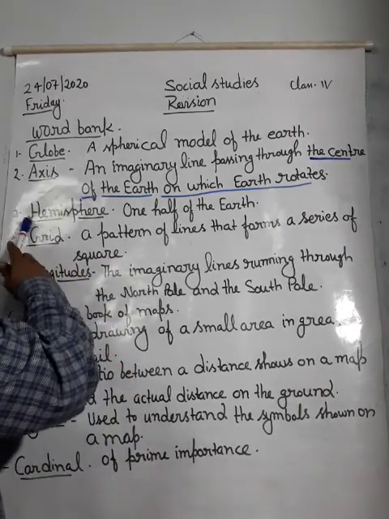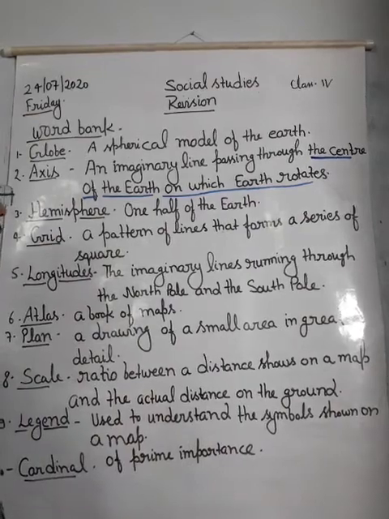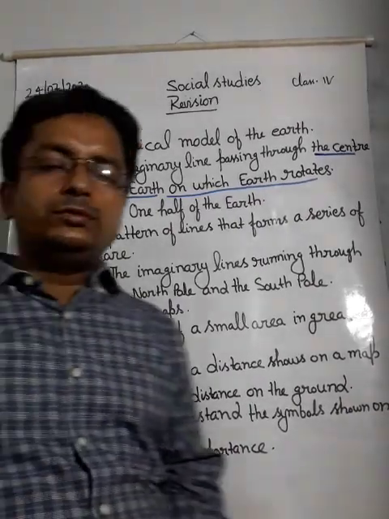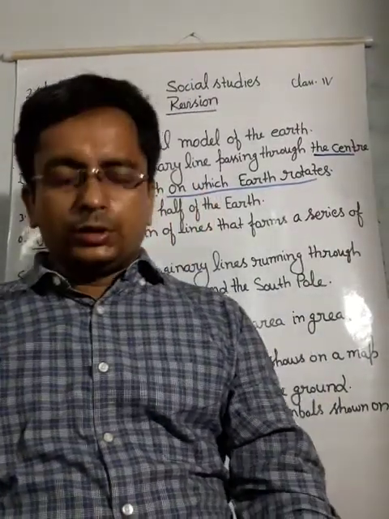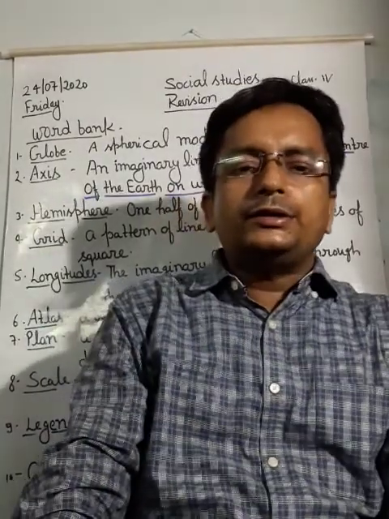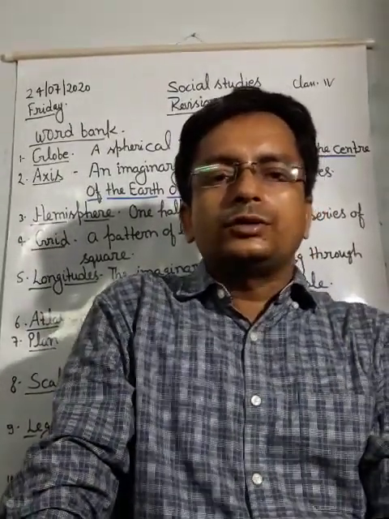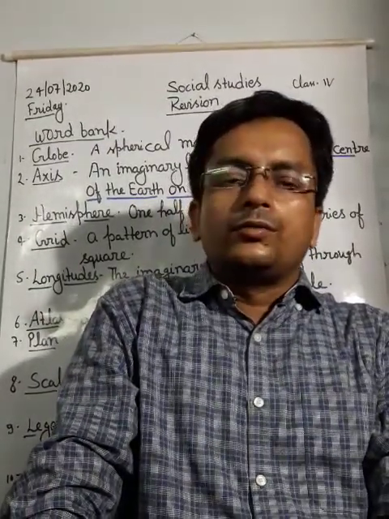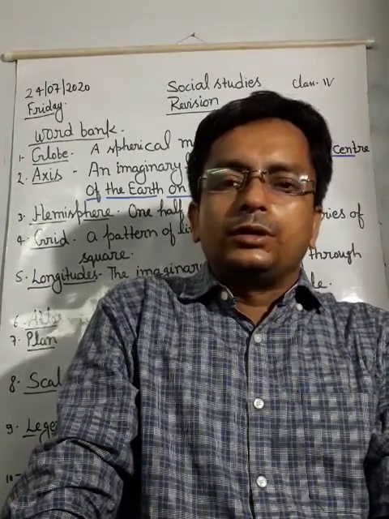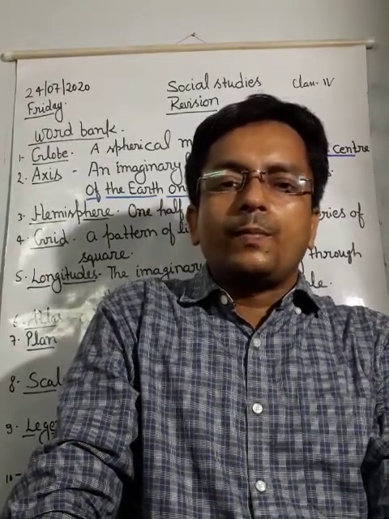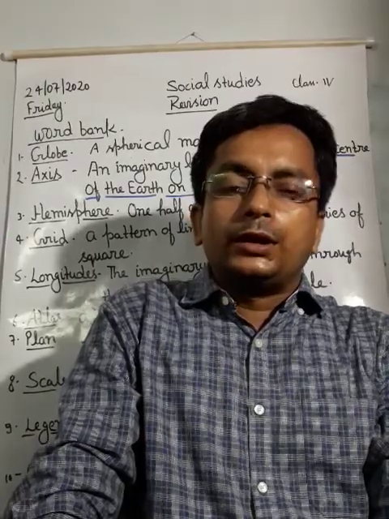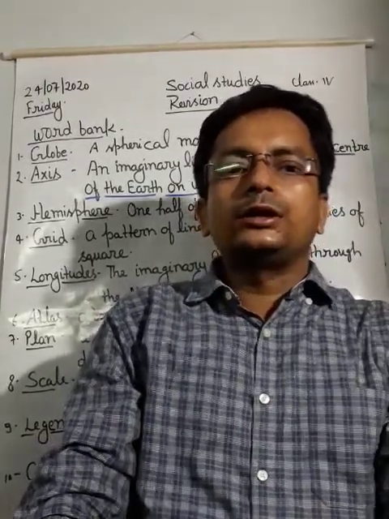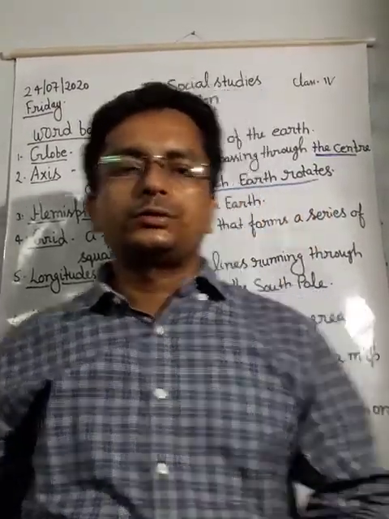And next one is hemisphere. As we know, in the lines of latitude, one line is the equator, and the equator divides the earth into two equal halves.